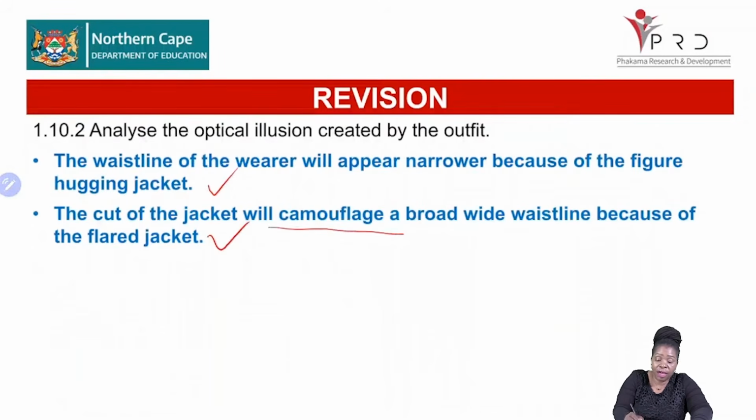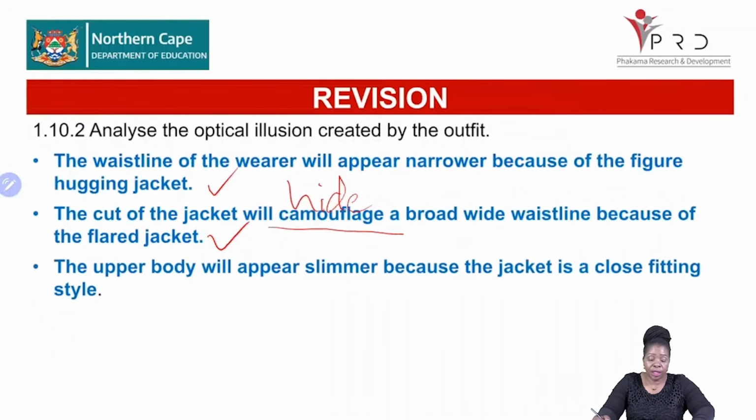So to camouflage is to hide. So it will hide a broad waistline because of the flared jacket. And also the upper body will appear slimmer because the jacket is a close-fitting style.